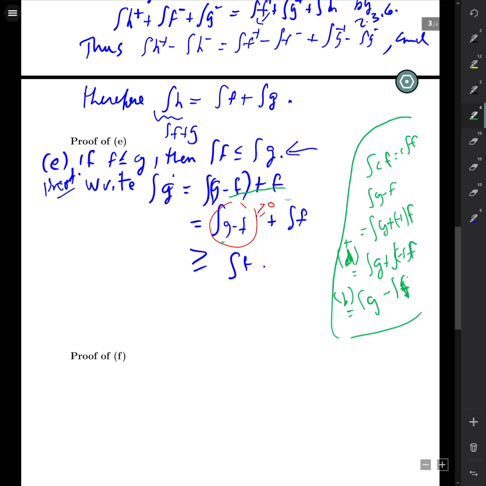Right, so that's integrable, it's the point. We can write it that way, and that's non-negative, in fact, which is really more the issue. And so what we get there is greater than or equal to the integral of f, so the integral of g is greater than or equal to the integral of f.